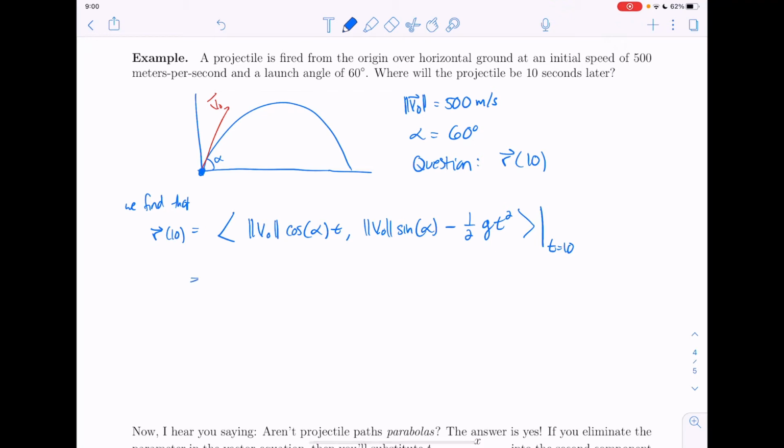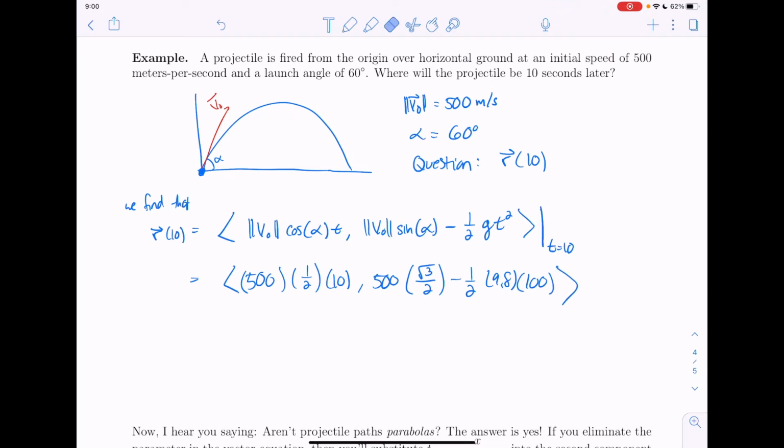So if we evaluate these objects, what are we going to get? This is 500, cosine of 60 degrees is going to be 1/2, t is equal to 10, the speed again here is 500, the sine of 60 is square root of 3 over 2, minus 1/2 times g, which we know is 9.8, times 10 squared, which is 100.